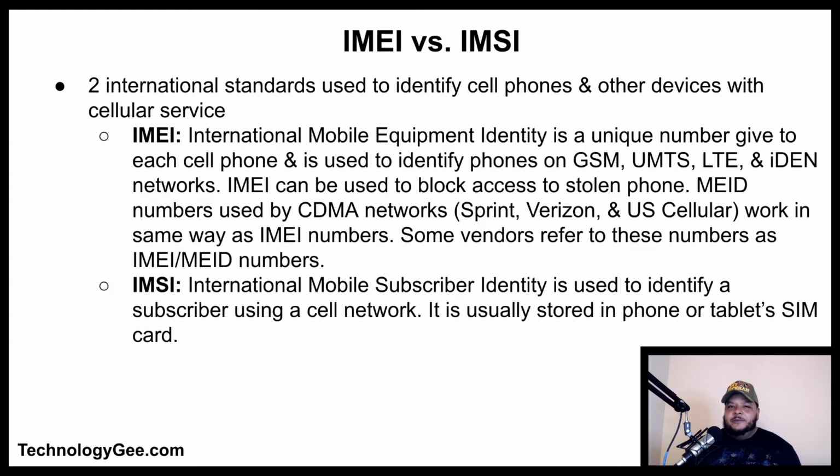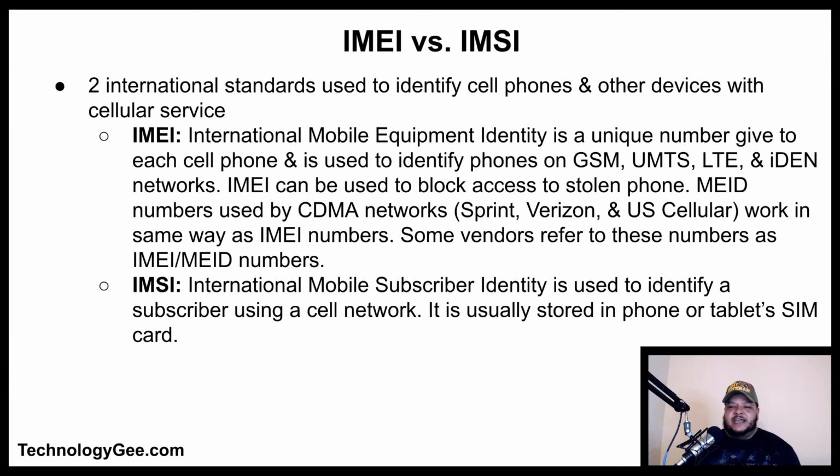IMEI versus IMSI. Two international standards are used to identify cell phones and other devices with cellular service. You have IMEI, which stands for International Mobile Equipment Identity. This is a unique number given to each cell phone, and it is used to identify phones on the GSM, UMTS, LTE, and iDEN networks.